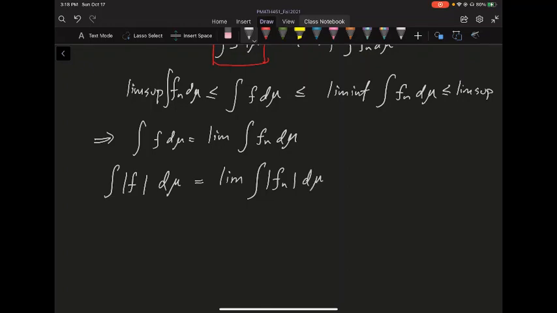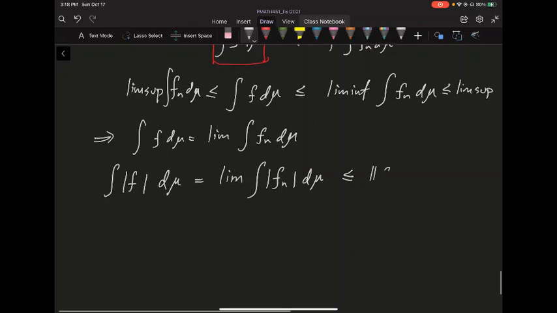Because the Fn are all dominated by g, a non-negative function, this is bounded above by the one norm of g, or the integral of g.